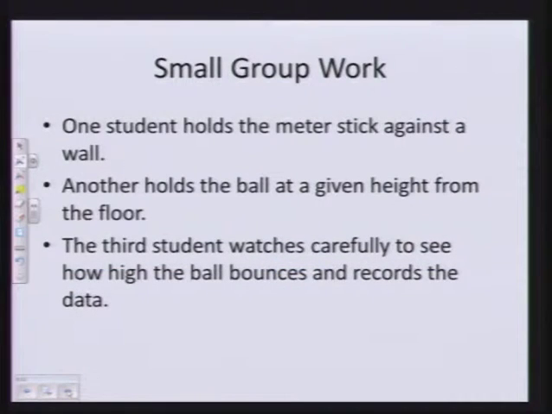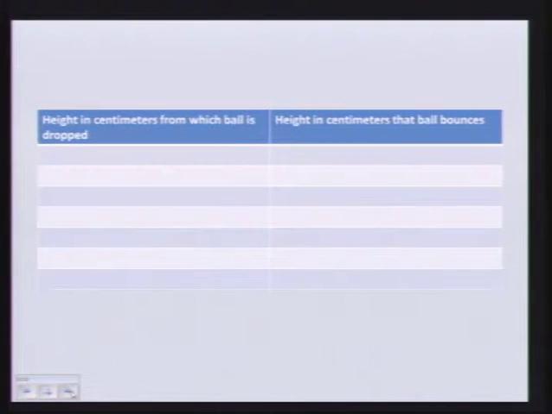These were our instructions again about how to do the experiment, holding the meter stick, holding the ball and dropping it, and another one observing to see how high it goes. So my data sheet would look something like this. Brian said when I dropped it from 20 centimeters, he thinks it went up about 15.